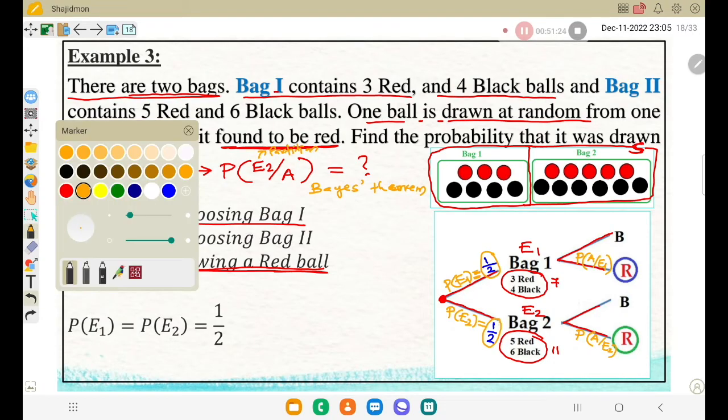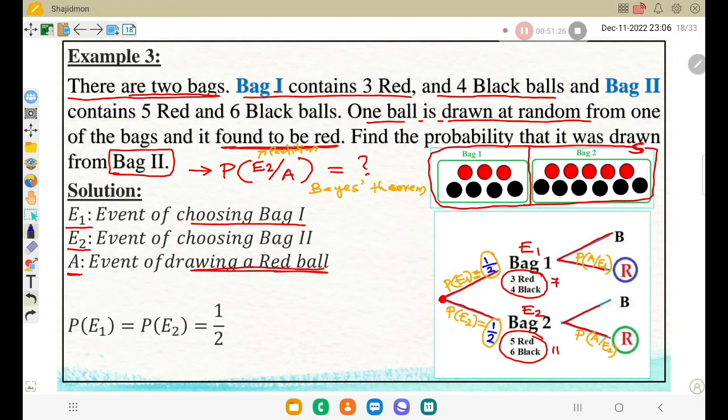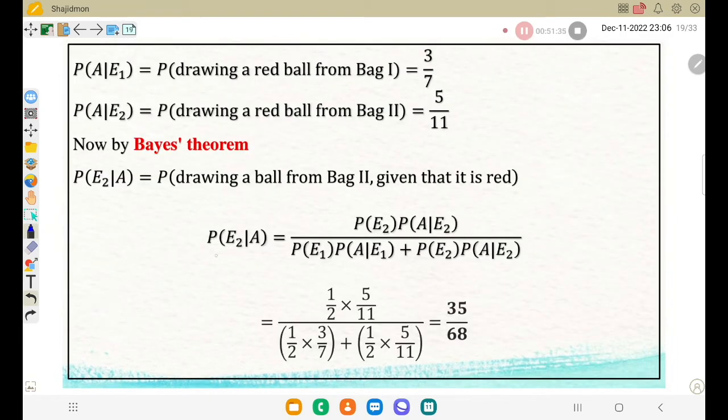Now we will go to the condition. The probability of E2 given A, this is our question. So you can write the Bayes rule: the probability of E2 given A equals the probability of E2 multiplied by the probability of A given E2, divided by the total probability: the probability of E1 multiplied by the probability of A given E1, plus the probability of E2 multiplied by the probability of A given E2, correct?